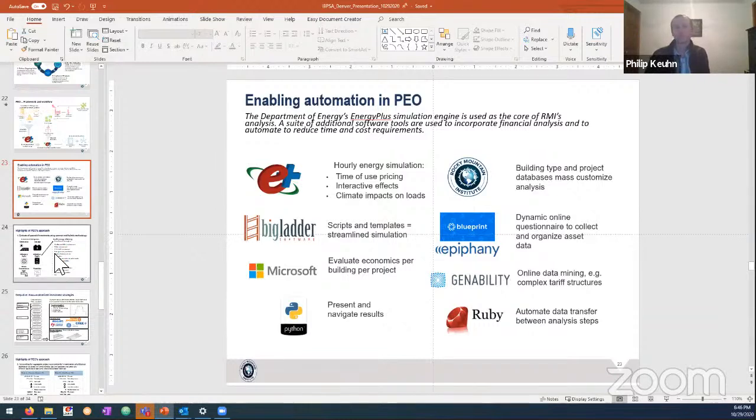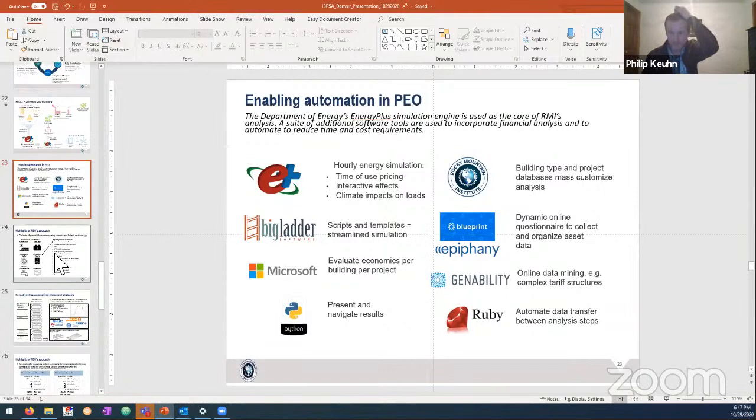Blueprint and Epiphany have both been efforts to move us along. One thing we didn't mention is this is still very much an internal RMI tool. We run it off of a command prompt in code text files, and we want to move that to a more robust web-based platform.